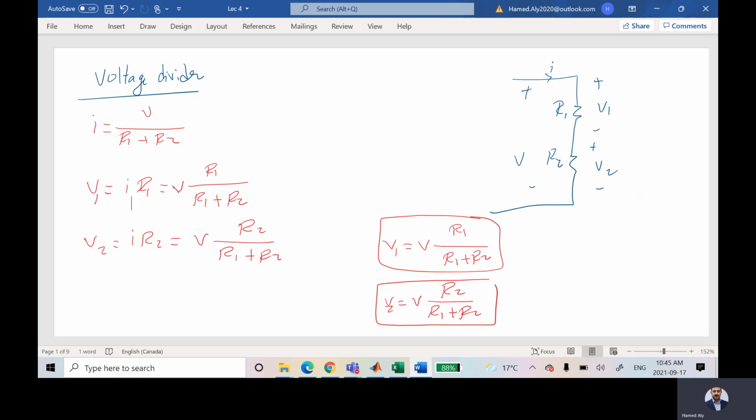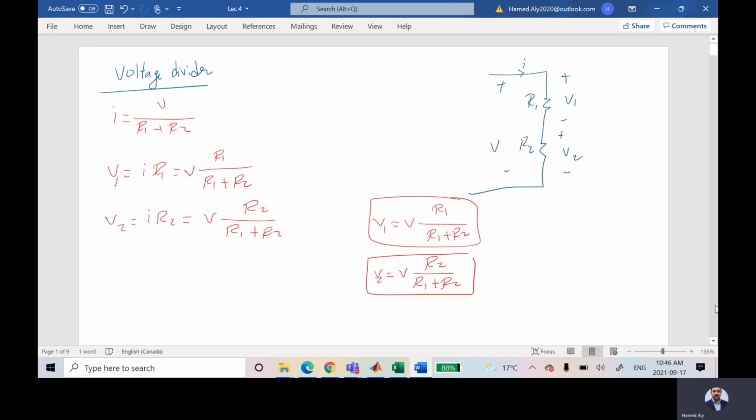Any question? This is the difference between the voltage divider and the current divider. The current divider is used for calculating the current in one of two branches connected in parallel as a function of the total current. And the voltage divider is used for calculating the voltage across a specific resistor for two resistors connected in series, when I know the total voltage across these two resistors. Let us see a very simple example which is talking about that story.